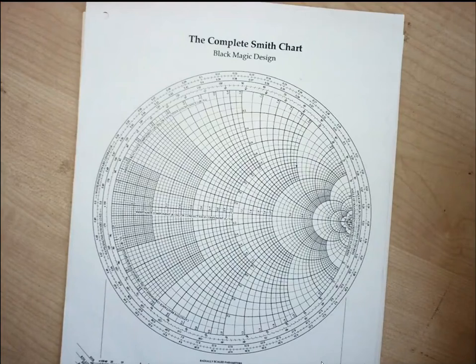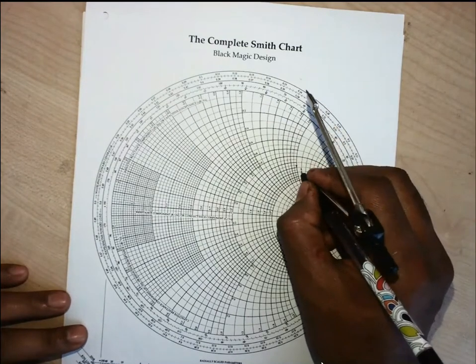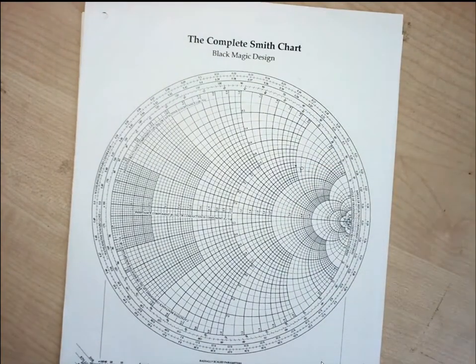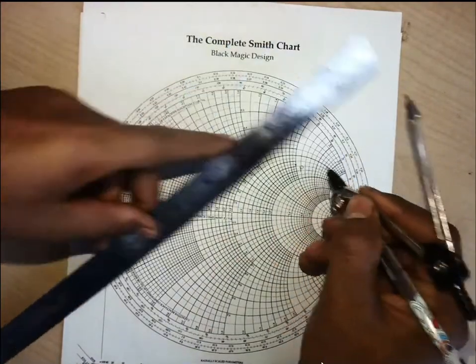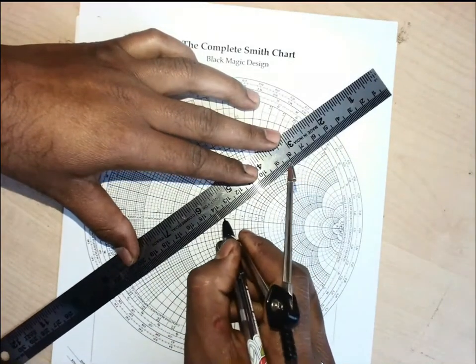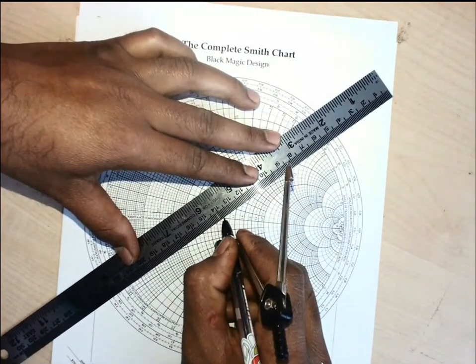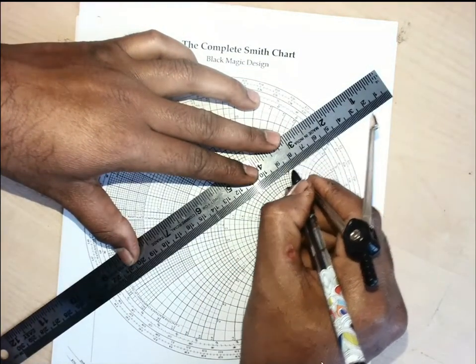1.33. Okay. So next, we need to draw a line through the origin and this point. Let us consider this is the load point P. So we need to draw a line which intersects these two points, taking this point as the origin and this load point, and extend it up to the r equals 1 circle.